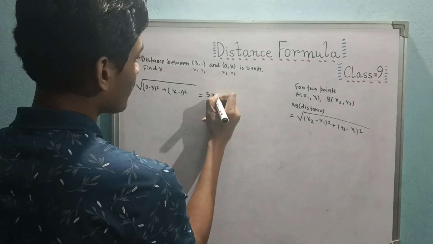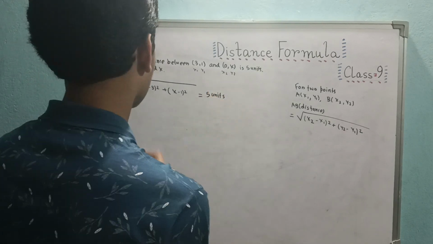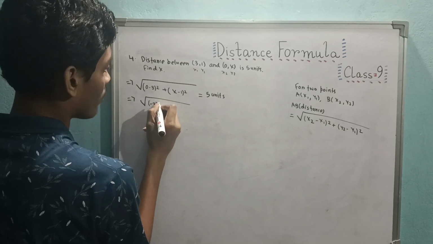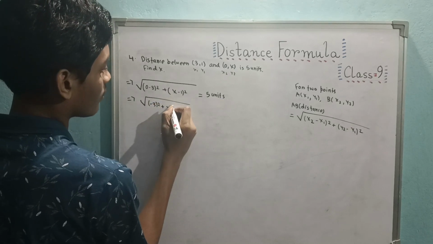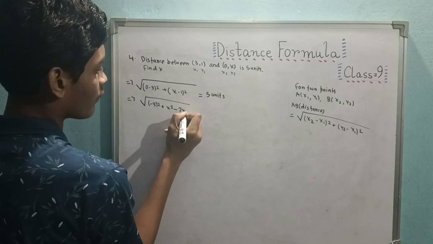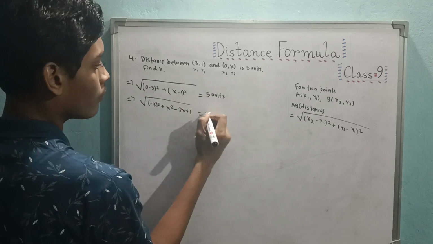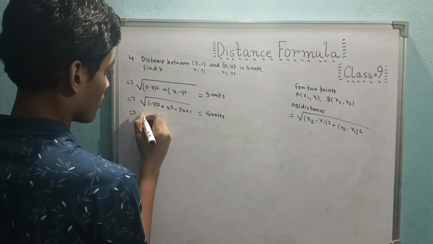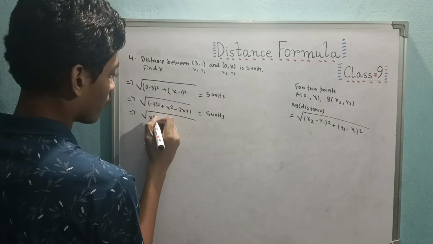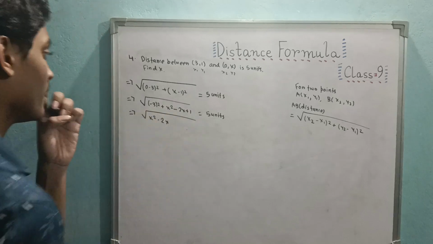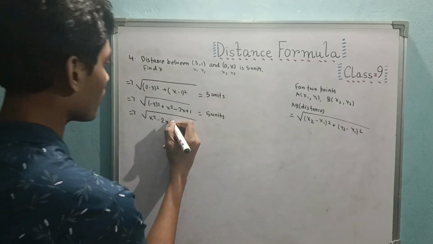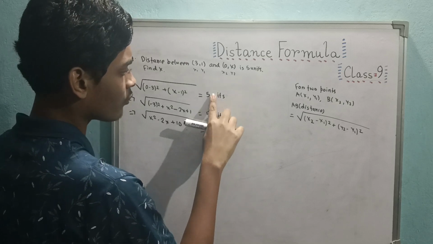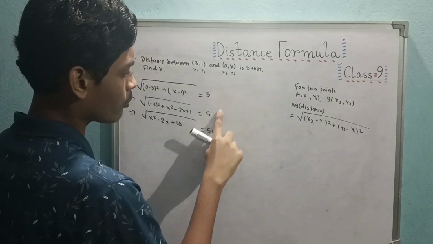So we can write that. Now let's solve. Root of (0 minus 3) square plus x square minus 2x plus 1 equal to 5. Root of x square minus 2x, minus 3 square is 9, 9 plus 1 equal to 10, equal to 5. I'm not writing units, it's complicated for doing the calculation.